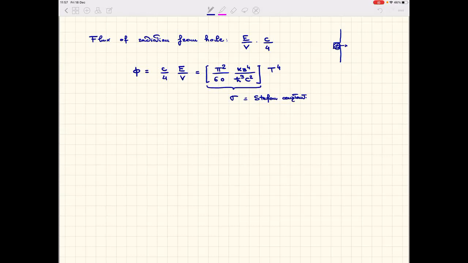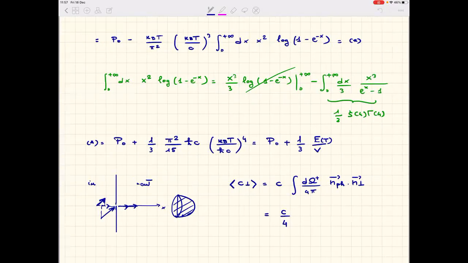Sorry, I have a question. Can you go back to the previous one? What's the factor n here? N photon is the direction of the velocity versor of the photon.